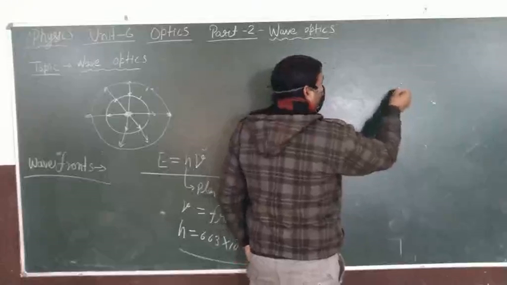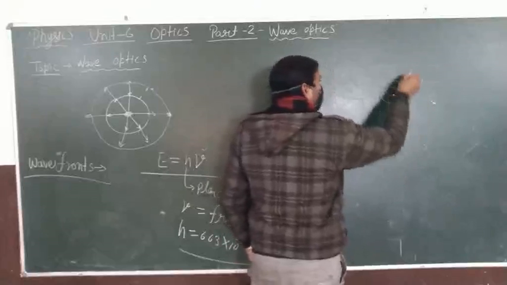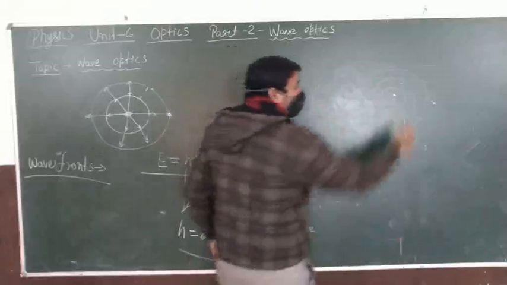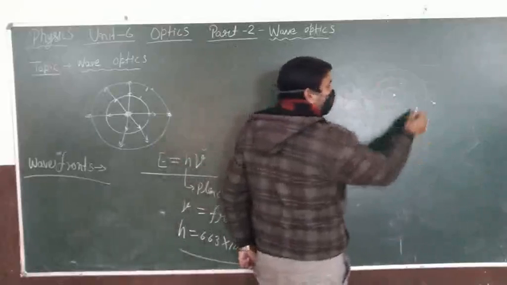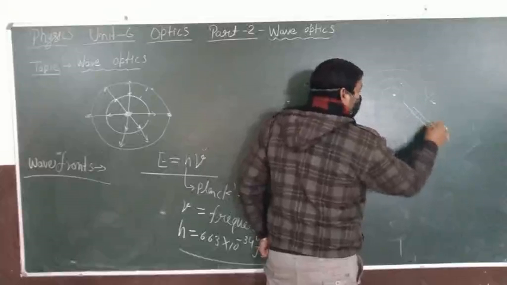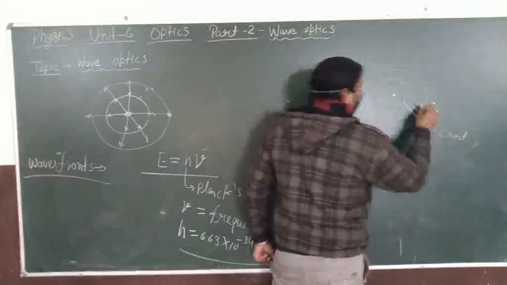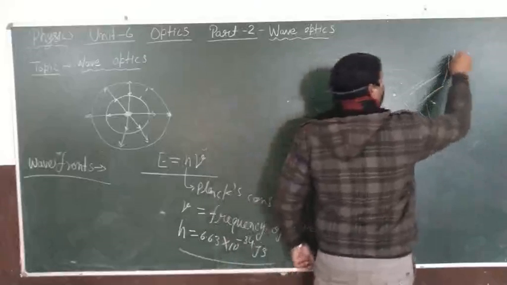So we observe that the waves originate in such a way that these all three indicate the crest, and these indicate the trough.